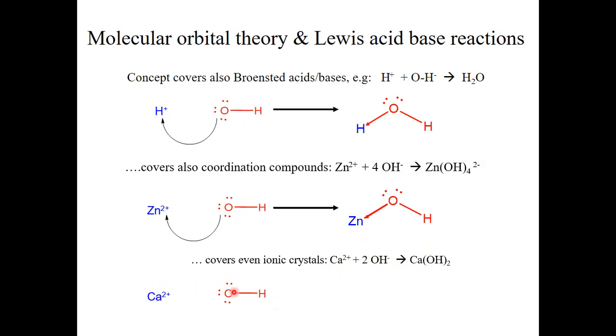Because again, we can say, well, our OH- ion has an electron lone pair that donates to the calcium 2+ to make a dative bond. So in this case, the dative bond would be a very polar dative bond, so that we could consider it an ionic dative bond, but still we could consider it as a dative bond.